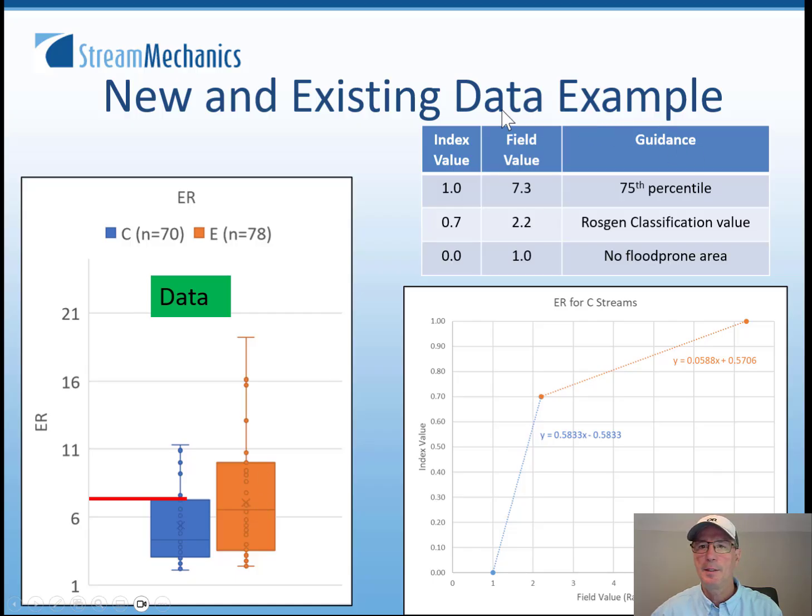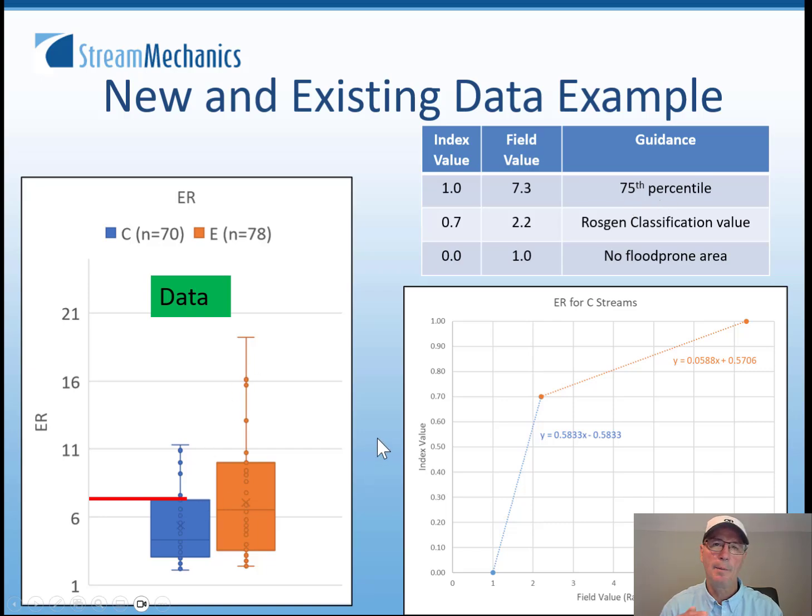And then this table, these are the thresholds. This particular technical team of geomorphologists and hydrologists said, all right, we're going to set the 1.0, this pristine value, for a C stream type, working off this blue box plot, at a 7.3 value. That's the 75th percentile.